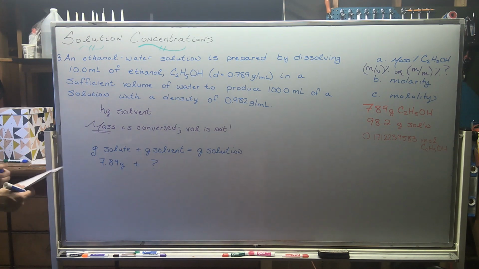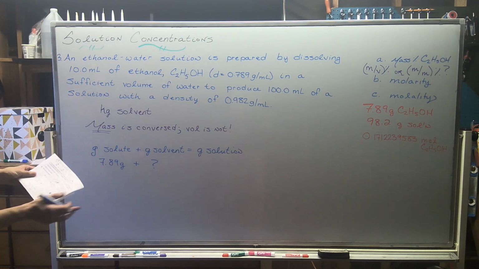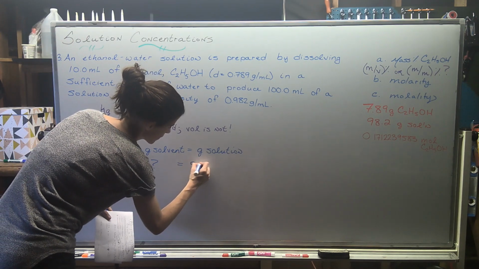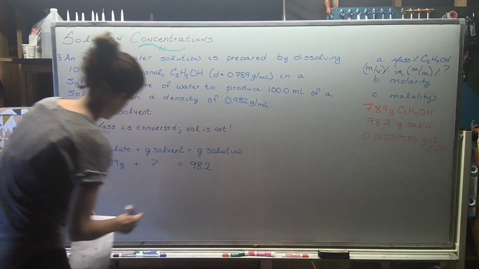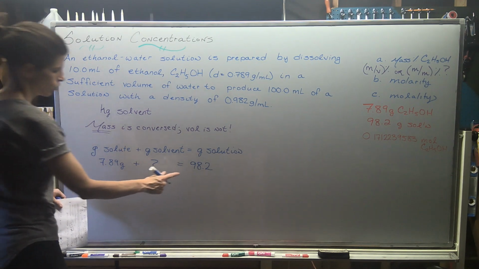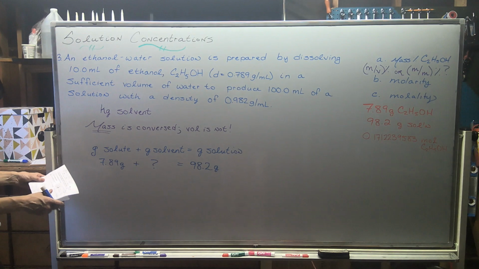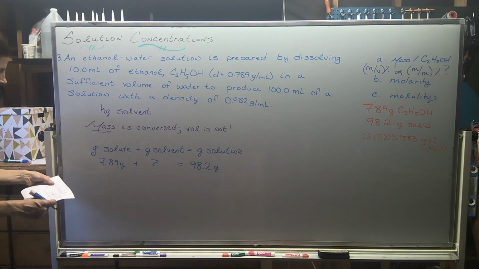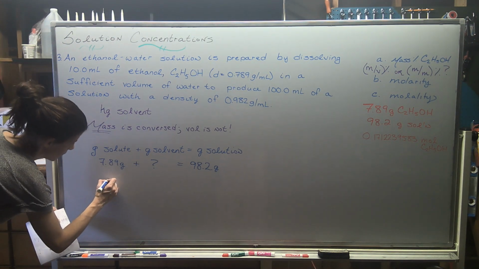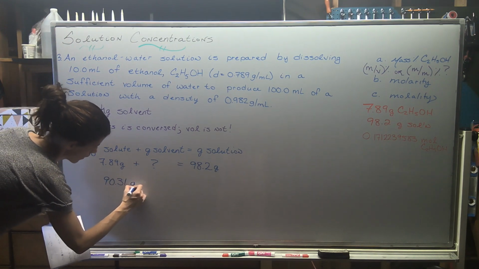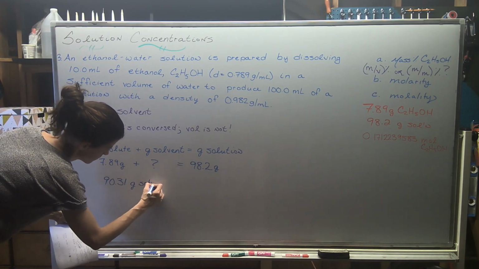We could just put it in as a variable or however you want to represent that. I do know, however, that I have 98.2 grams of solution. So I'm going to do 98.2 minus 7.89. And that way I know that I have 90.31 grams of solvent.